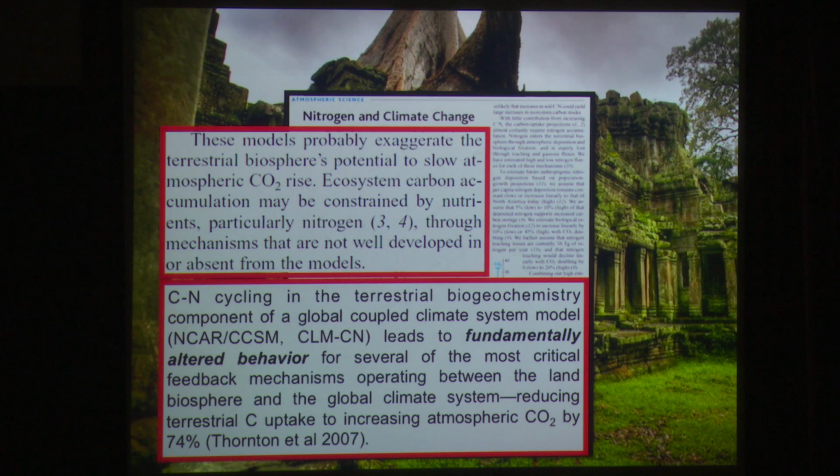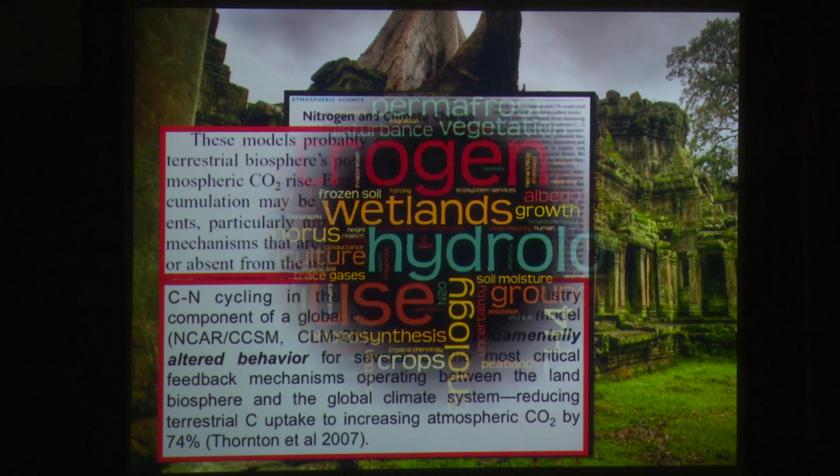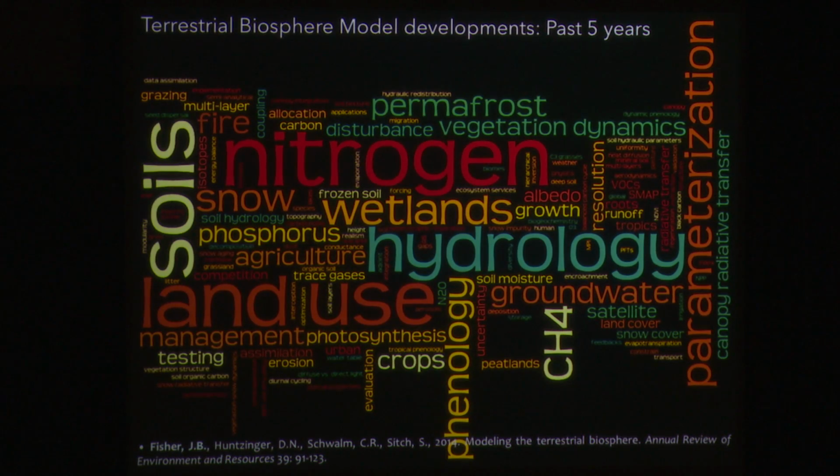And models that have been putting nutrient cycles in have shown drastic or fundamentally altered behaviors. I took a survey of nearly 100 modelers or modeling groups and asked them, what processes have you developed in the last 5 years in the model? And I put it into a Wordle where the size of the word or phrase is reflective of the response rate.